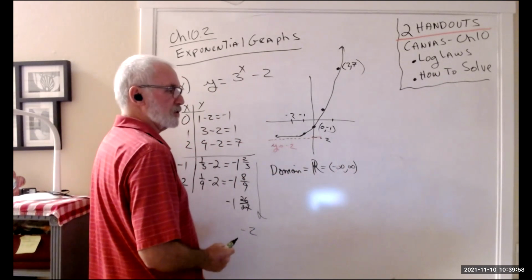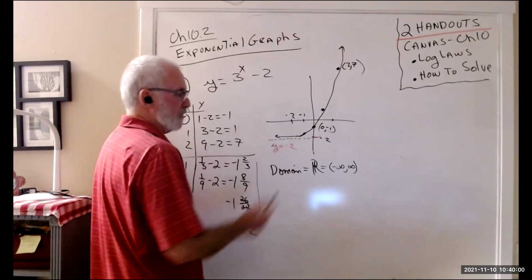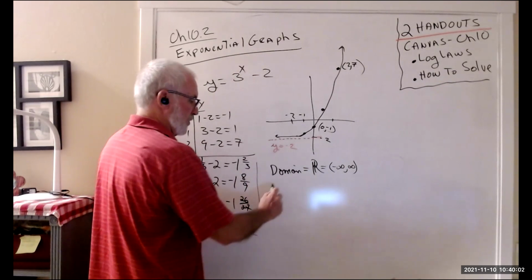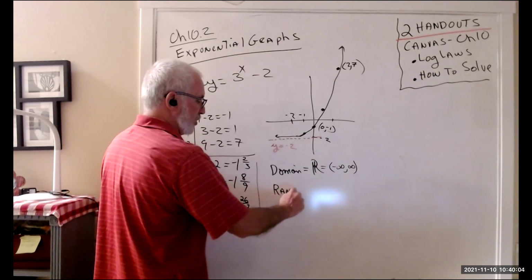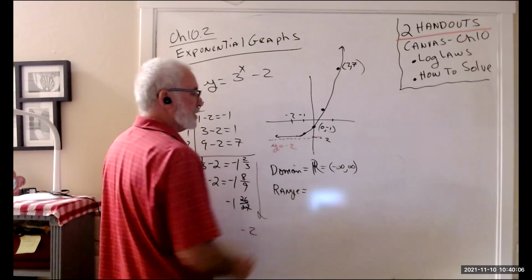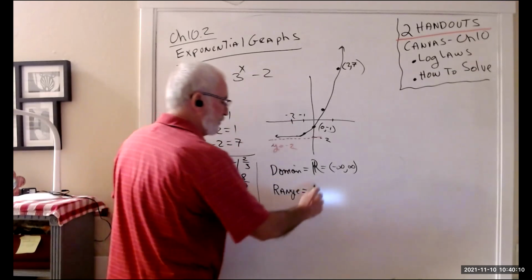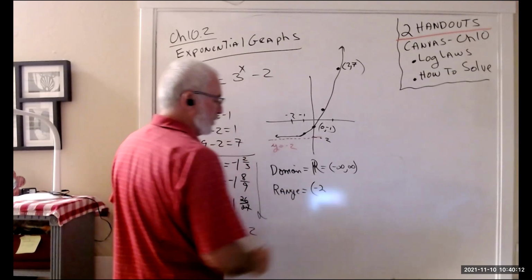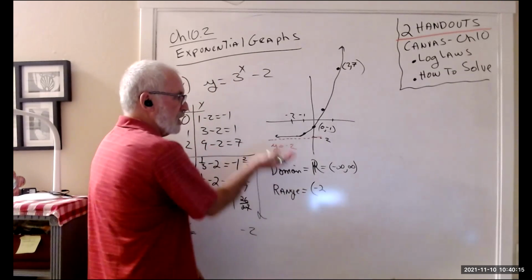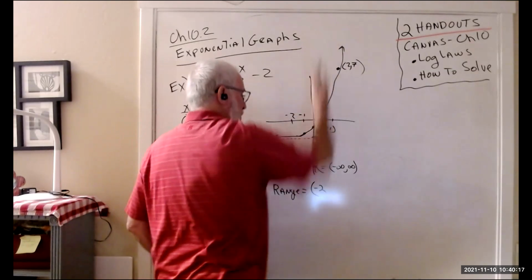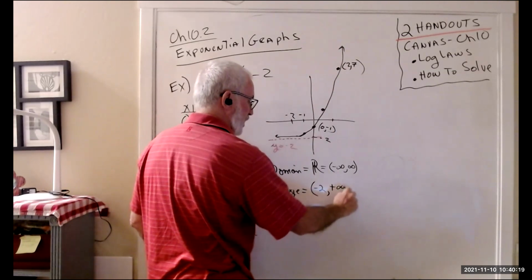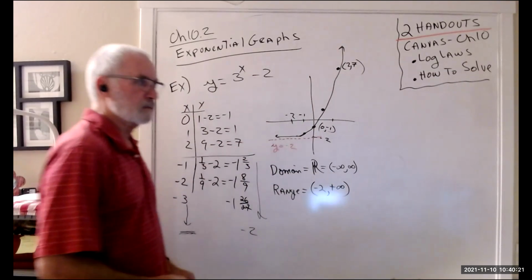Those two symbols are math for every number on the x-axis. The range is a little bit trickier. The range means the y values, and the y values start at -2, but don't equal -2. So we use a parenthesis, and then the y values go up to +infinity, like that.